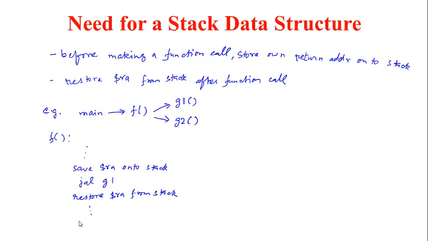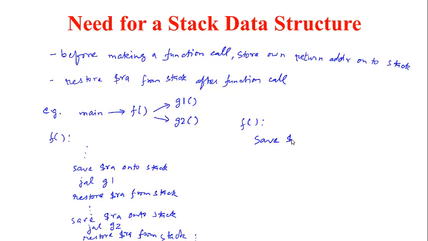Similarly, do the same thing for the call to g2. This is one possibility. Another possibility is as follows. At the very beginning of the code for f, we save $RA onto the stack, make whatever nested function calls we want, and then before returning from f to main, restore $RA from the stack.